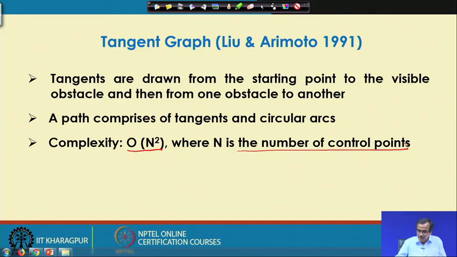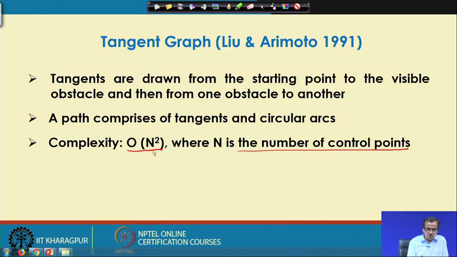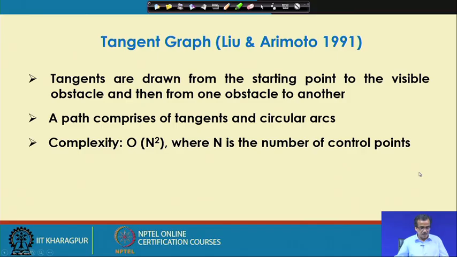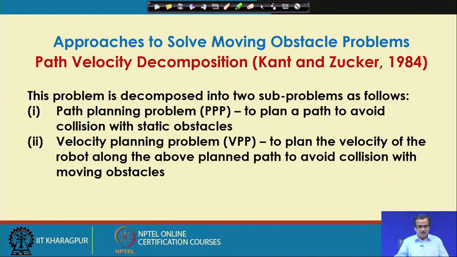Okay. So, the more the number of control points or the circular arcs, the more will be the complexity, and the complexity is quadratic, it is the square, the order of n square, n is nothing but the number of circular arcs. Otherwise, this method is very good and it could solve the find path problem very efficiently. So, this particular method, as I told, could reach good popularity. Thank you.